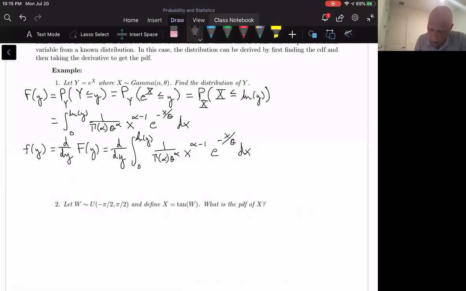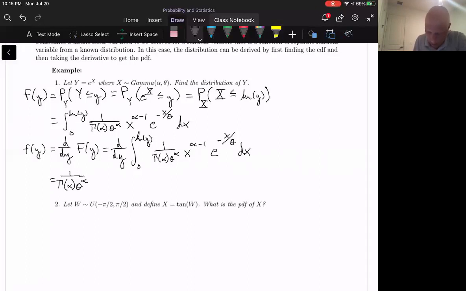Yes, so evaluate the integrals, sort of. What ends up happening is the integral does disappear, and you end up taking the variable piece and plugging that in for x. So every x becomes log y. That's usually the first step that I do. We've got 1 over the gamma function of alpha, theta to the alpha power.